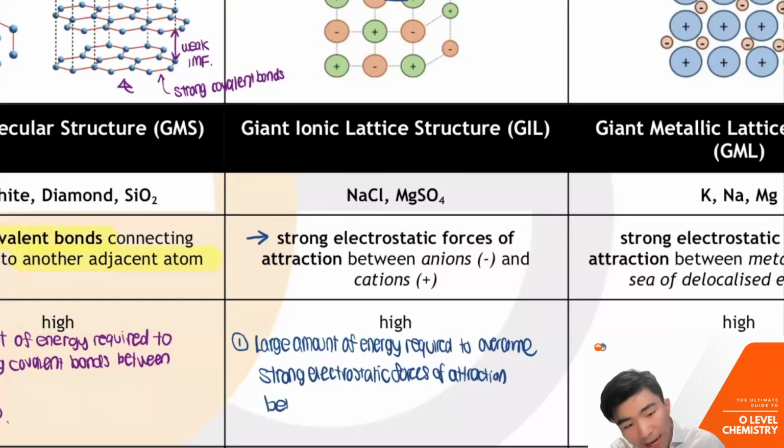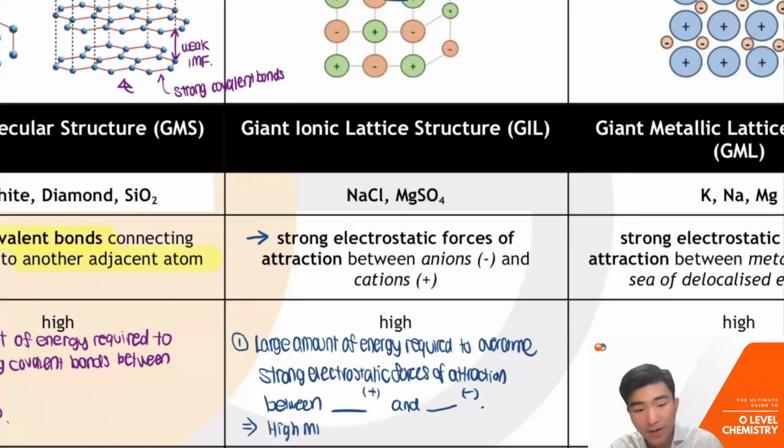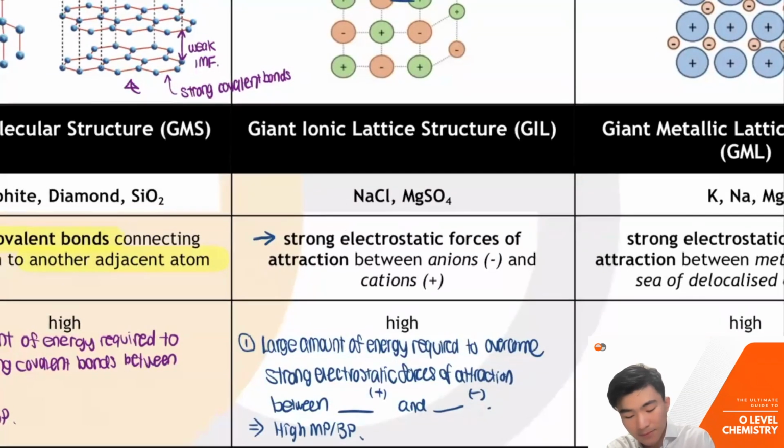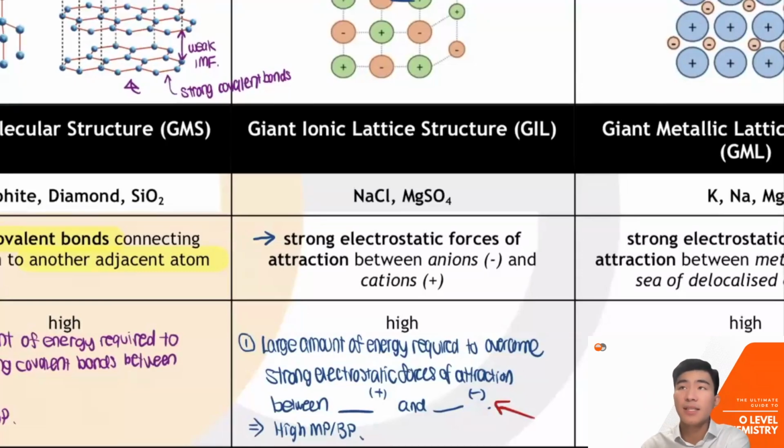In your answer, you must tell them what is the positively charged ion and what is the negatively charged ion. Because of this, there is a very high melting and boiling point. In your answer for the exam, you must always have this. You must tell them which are the positive and negative ions that are bonding.